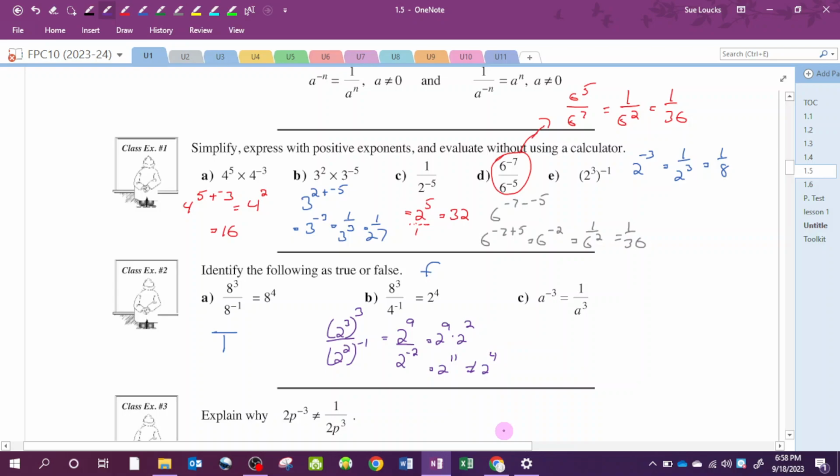So that's definitely false. And then this one here, that is true, right? That's just the rule. I'm taking a negative exponent, moving it to the denominator and making it positive.